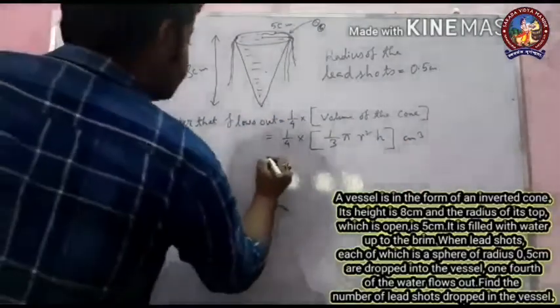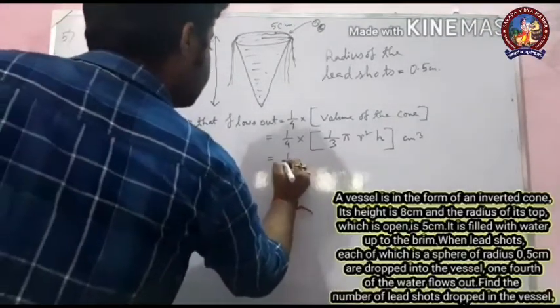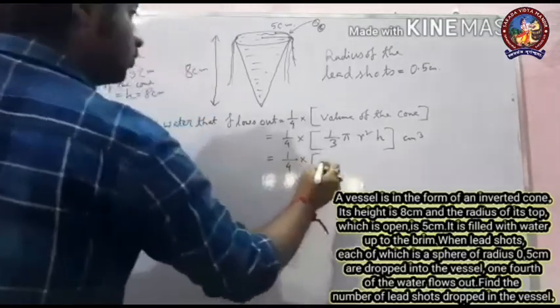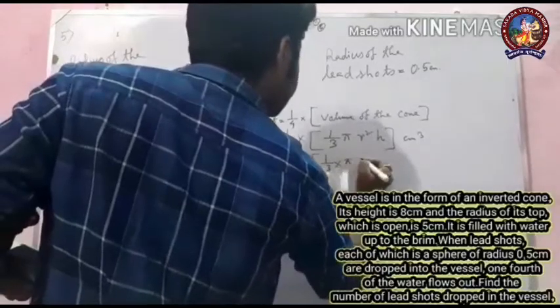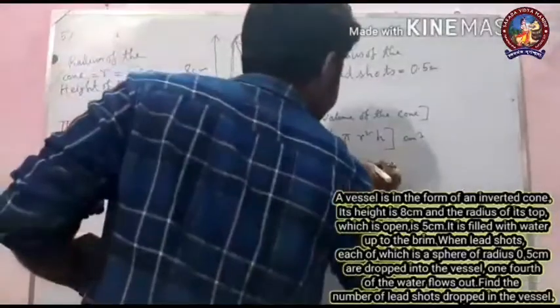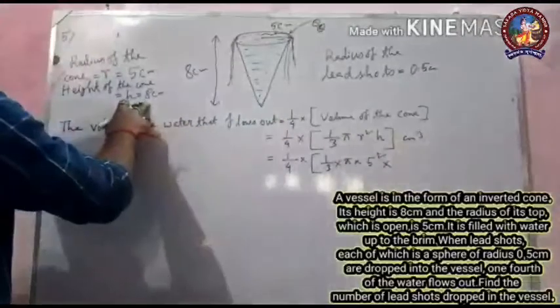Now 1/4 into 1/3 into pi into r is 5 centimeter square into h is 8 centimeter.